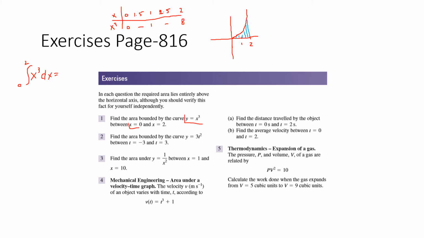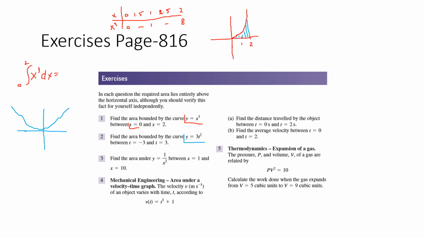Now come for this one, y equals 3t squared. It's a parabolic function, 3t squared. So it will be like this.